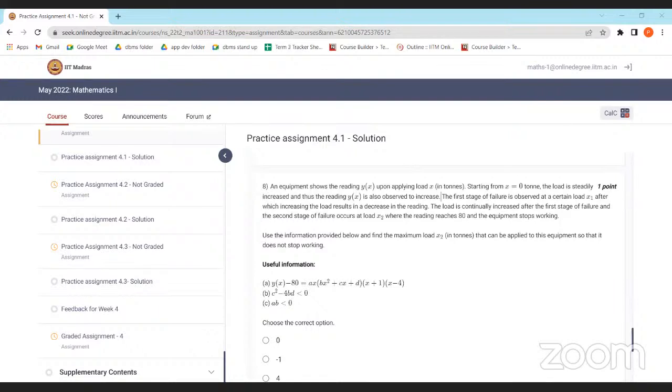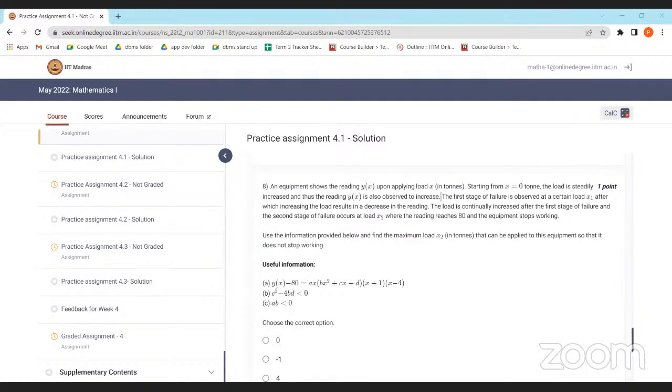So clearly, the maximum load will be at x equal to 2. Now simply put where the load will be maximum. We have to find the value of x at which it stops working, so that is x1 here. But x equal to 4 will also give 0. 0 cannot be possible, right?